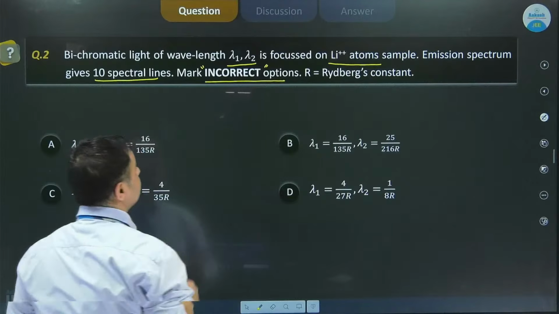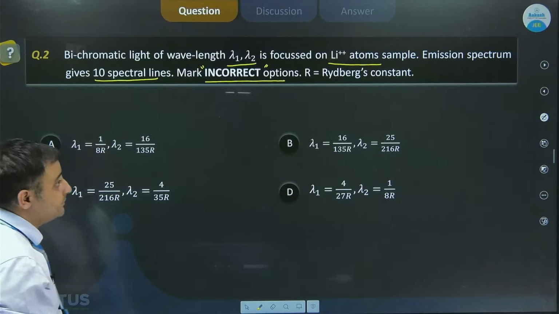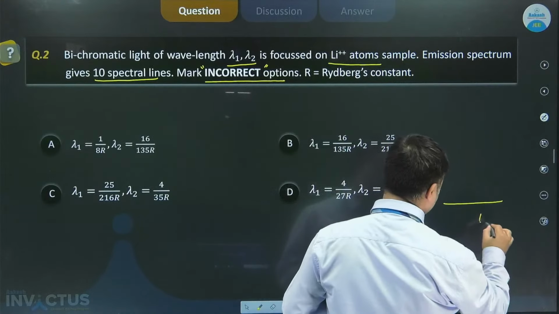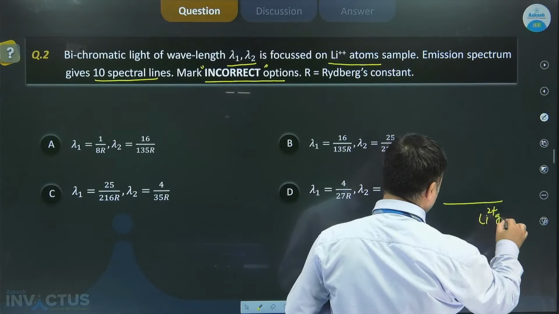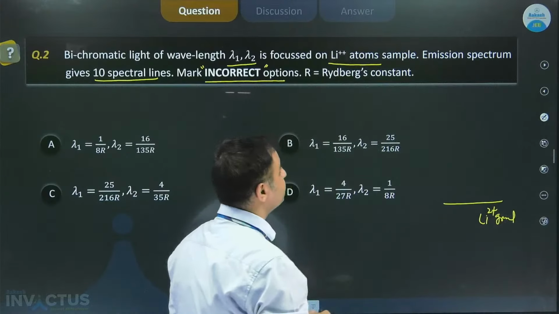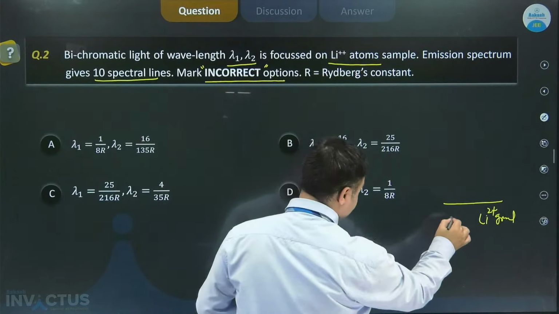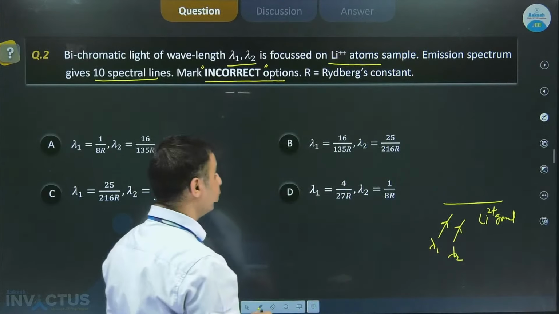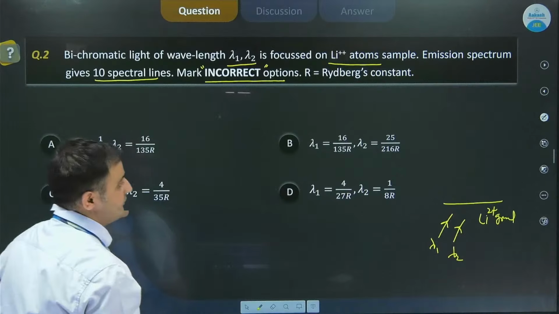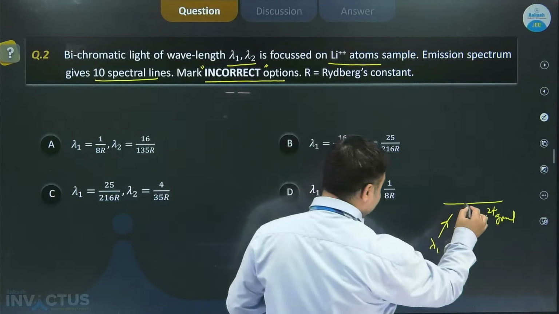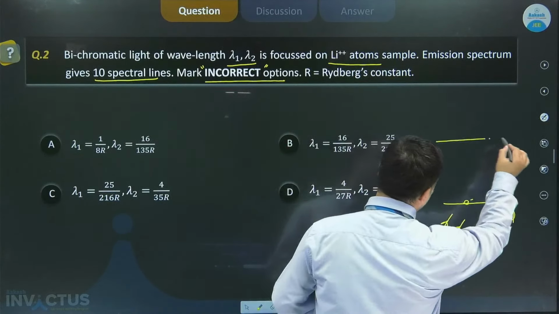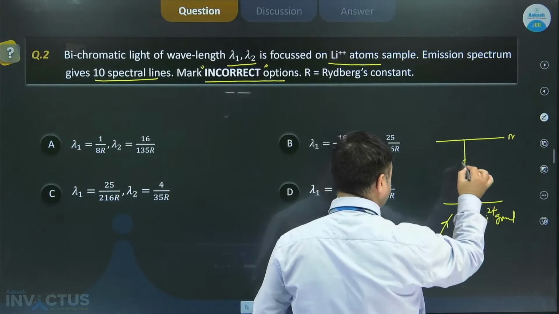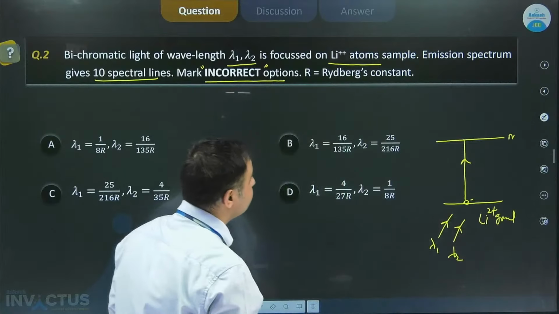Incorrect option. Okay. So Li2+ atom, lithium 2 plus एटम ग्राउंड स्टेट में है और इसके ऊपर हम लैम्डा 1 लैम्डा 2 फोटॉन्स फॉल करवा रहे हैं 2 वेवलेंथ के, और इलेक्ट्रॉन जो है एक्साइट होके किसी हायर एनर्जी स्टेट में जाएगा, किसी nth स्टेट में जाएगा आफ्टर एब्जॉर्बिंग the wavelengths.